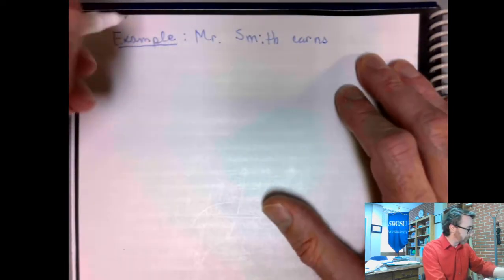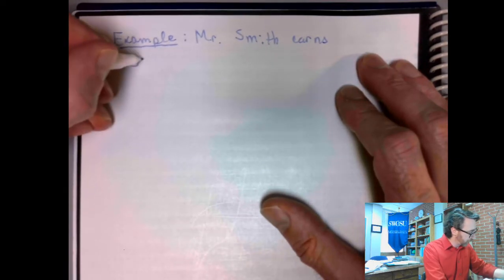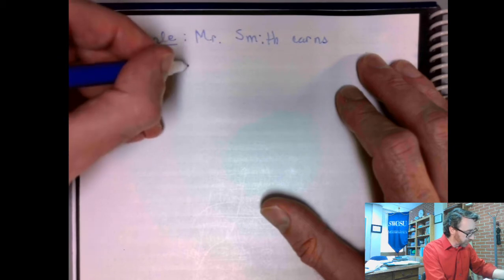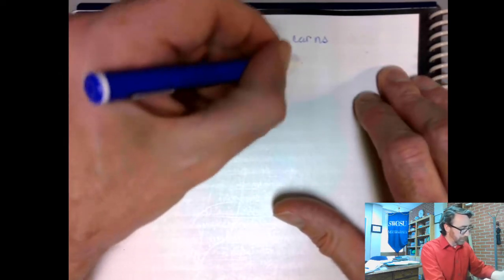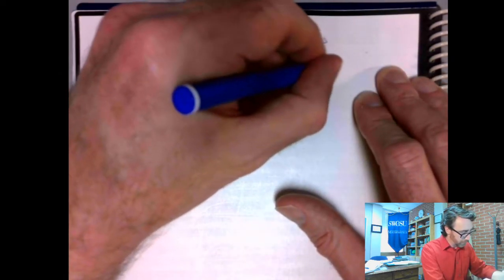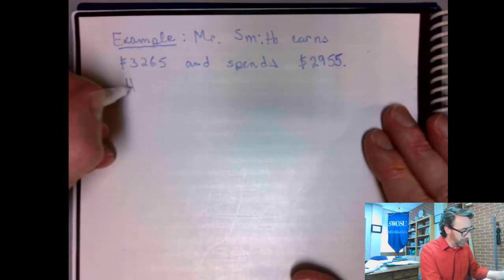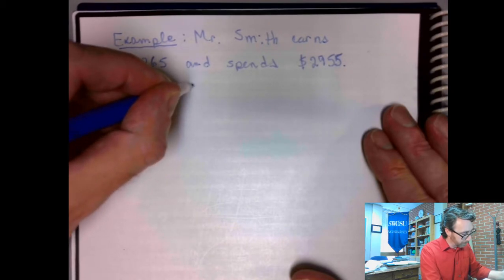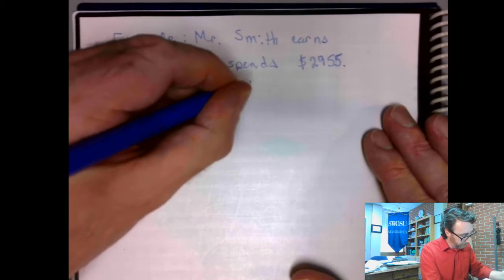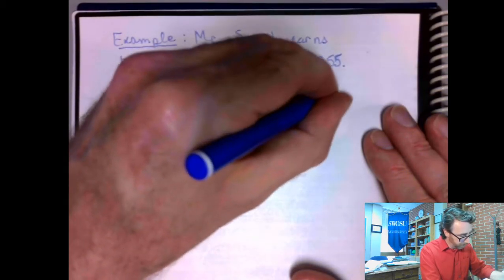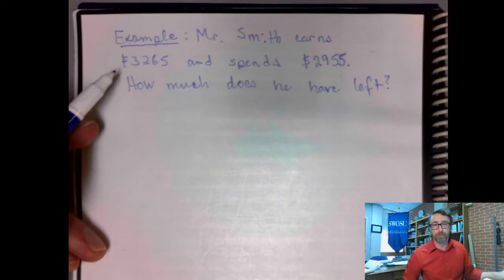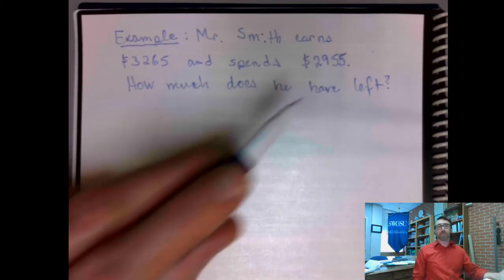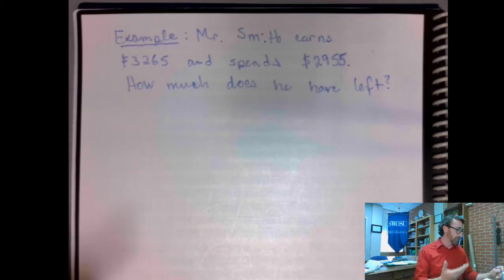Let's say Mr. Smith earns $3,265 and spends $2,955. We'll ask how much does he have left? Okay, so he earns $3,265, spends $2,955. How much does he have left?